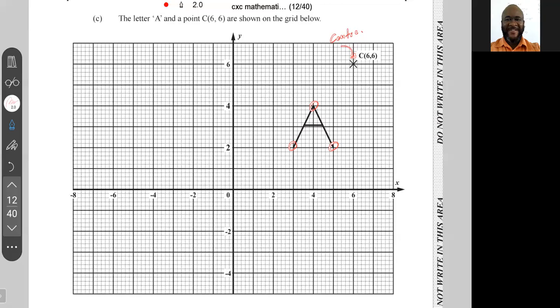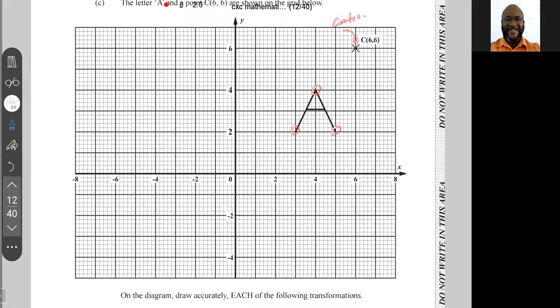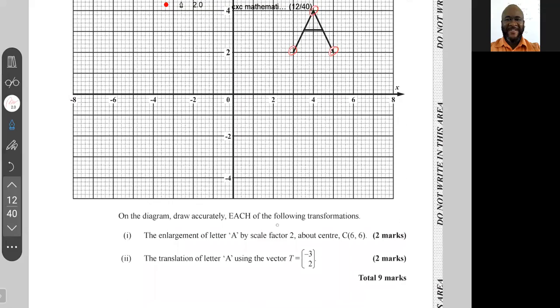I'm going to use these 3 points. So if the scale factor is 2, to get to the image, I'm going to double the distance.